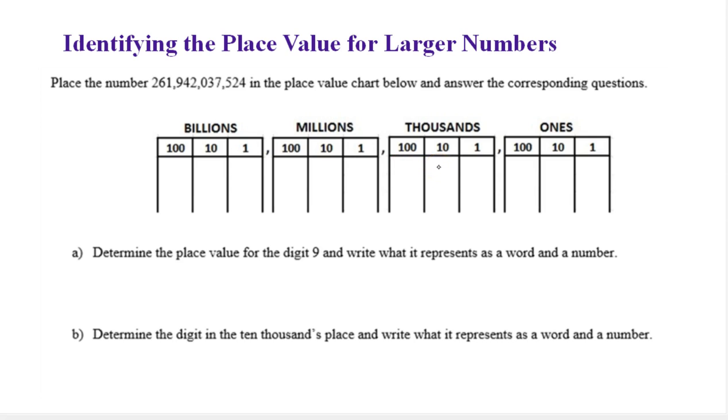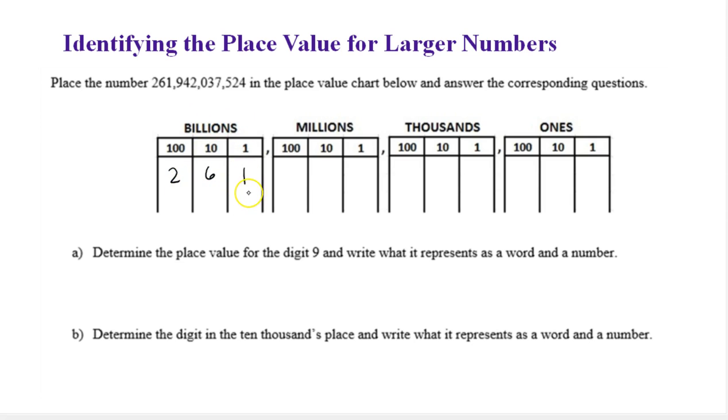So to write this in the chart properly, I'm going to notice there are 1, 2, 3, 4 groupings, and notice that's going to fill up this whole chart, and this is going to be our billions grouping. So 261, so 2 hundreds, 6 tens, 1 one, and that's billions.